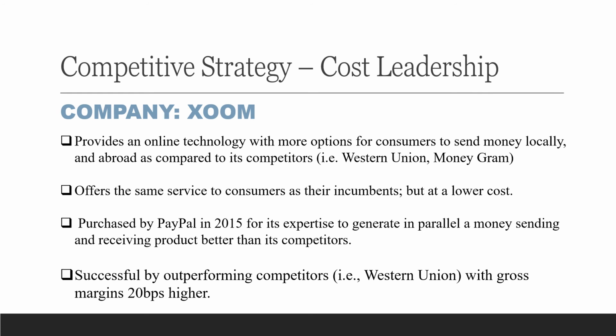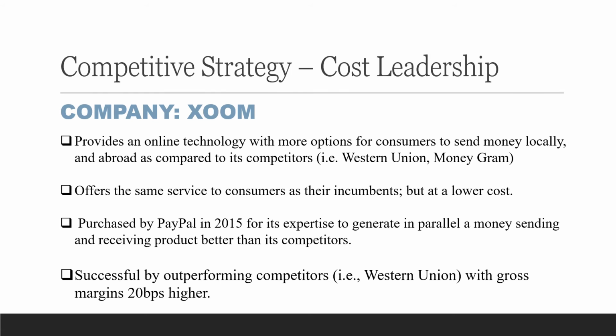The third company I'd like to introduce is Zoom, which has a cost leadership strategy. It provides an online technology with more options for consumers to send money locally or abroad, meaning overseas, as compared to its competitors, Western Union and MoneyGram. It offers the same service to customers as the incumbents, but at a lower cost. So Zoom was purchased.